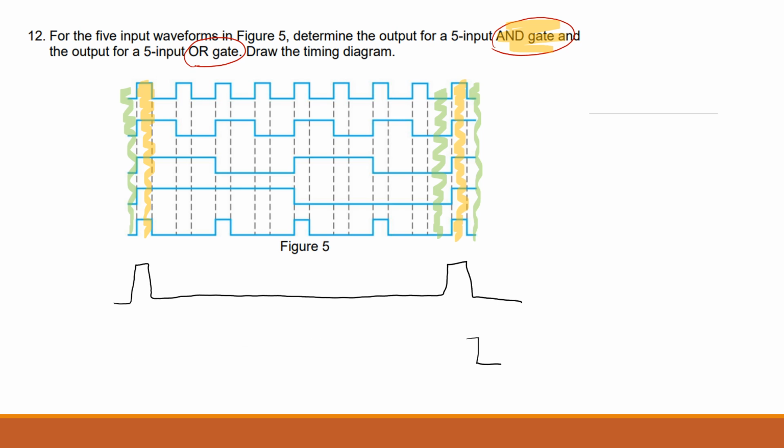Is that right? Something like that, isn't it? Only the green ones are zeros for OR. So this is for OR and this is for AND.